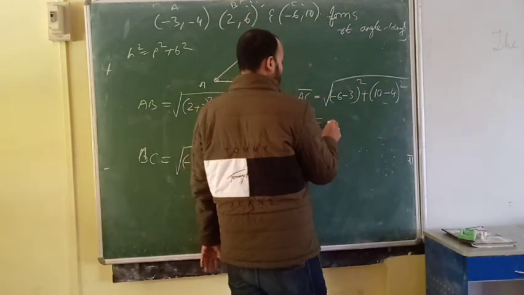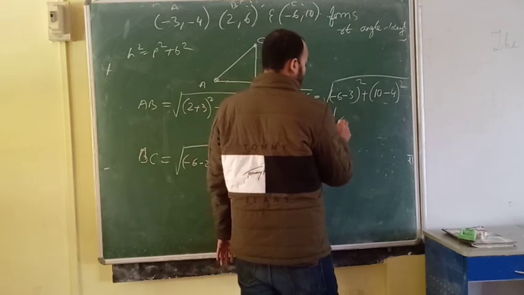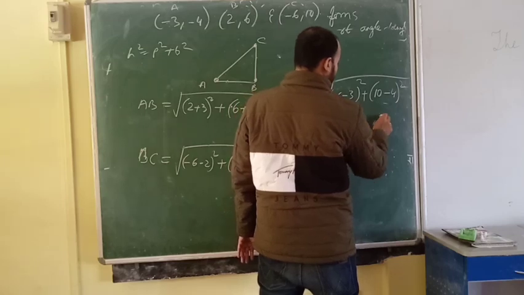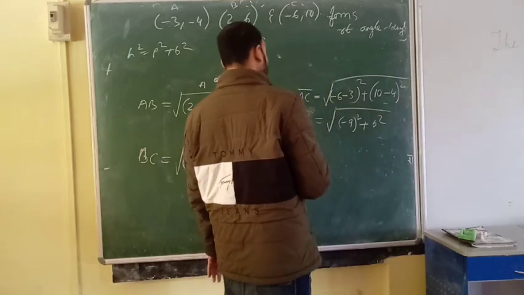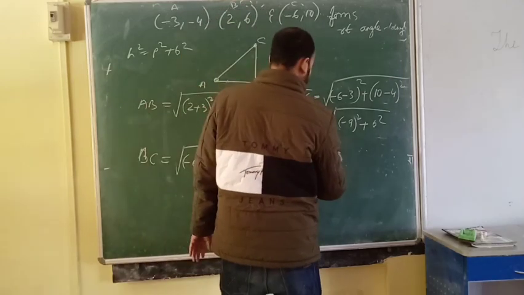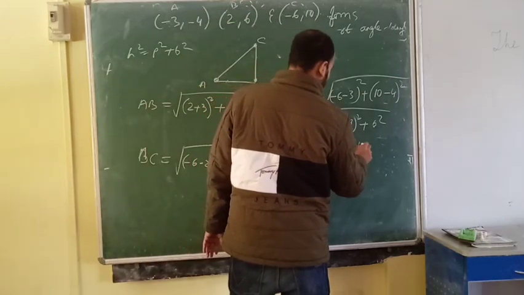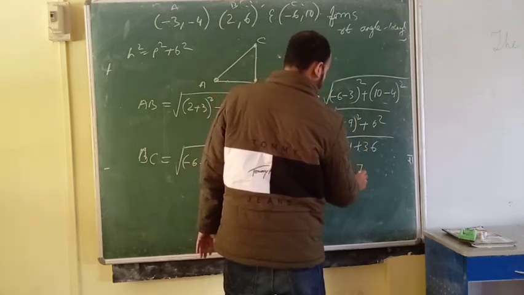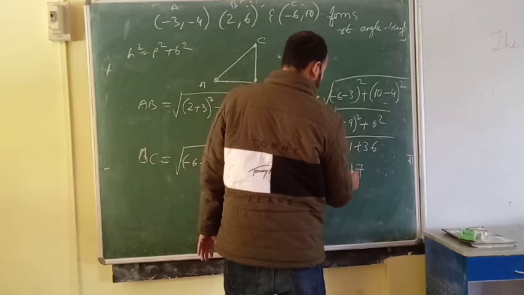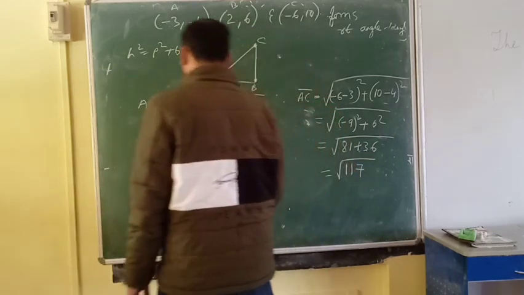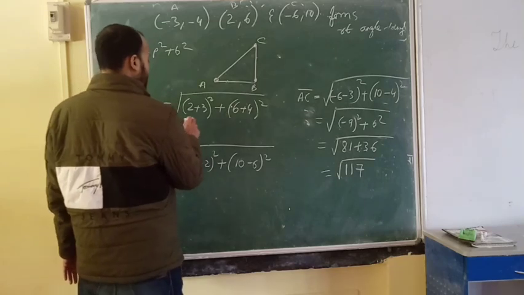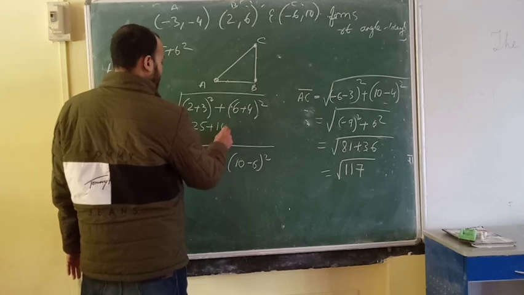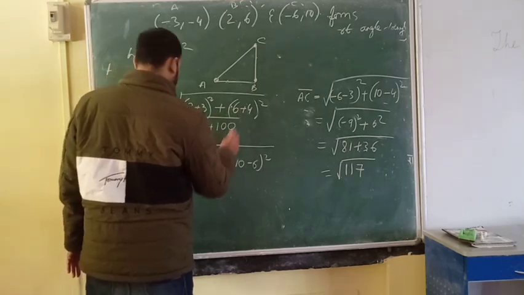One by one let us do. Root over minus 9 whole square plus 6 whole square, 81 plus 36. This is 25 plus 100, 125.